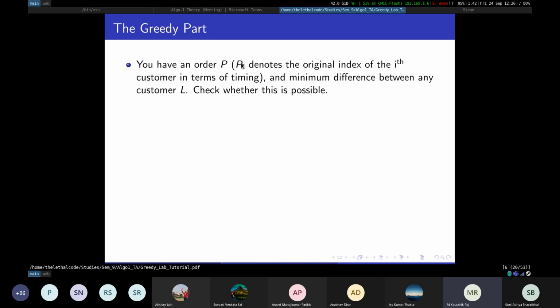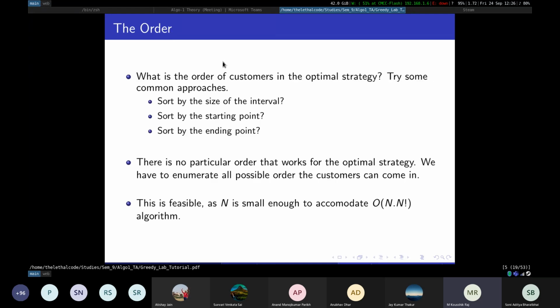Suppose for n equal to 3, P is 231. What it says is the first customer to come and get their order will be the second one in the input. The second customer to come will be the third one in the input. And the third customer to come will be the first one in the input. Understand, right? That's the order P, which we just talked about when enumerating all possible orders.